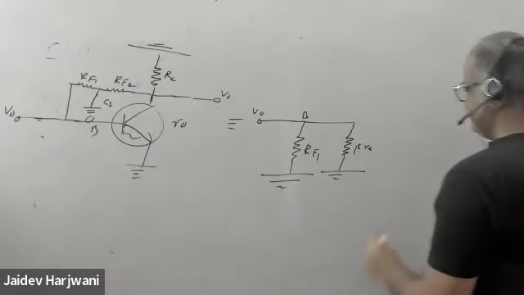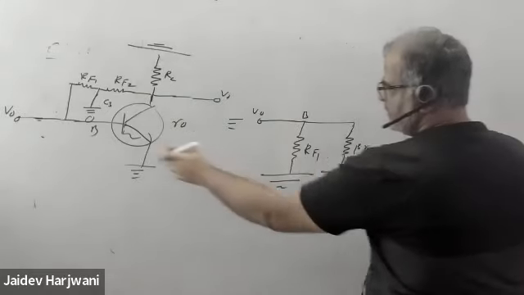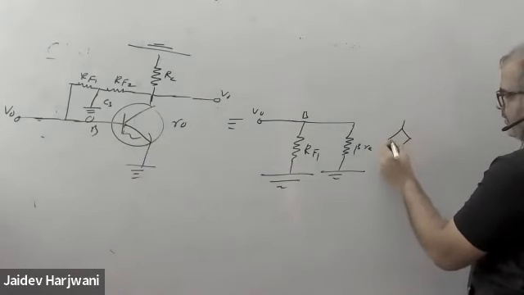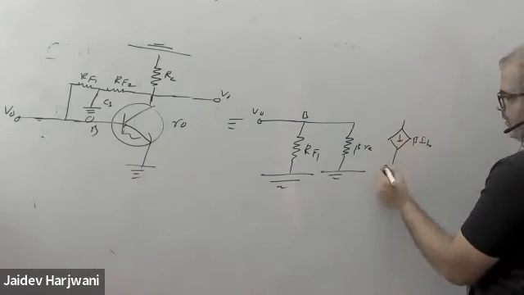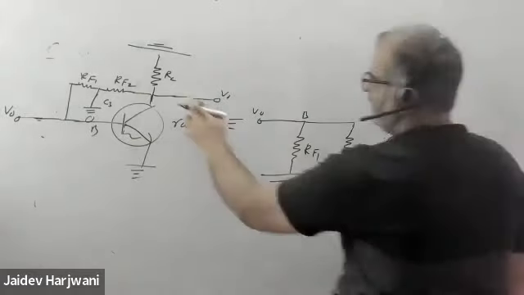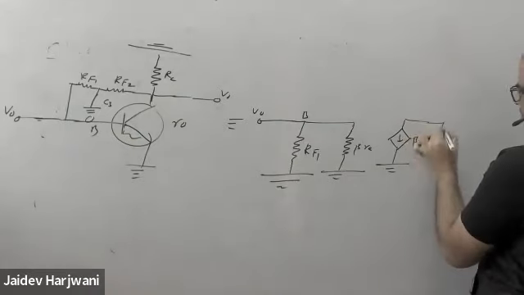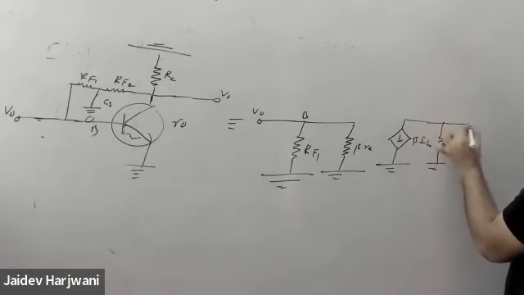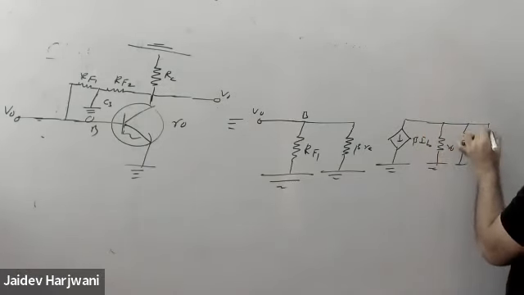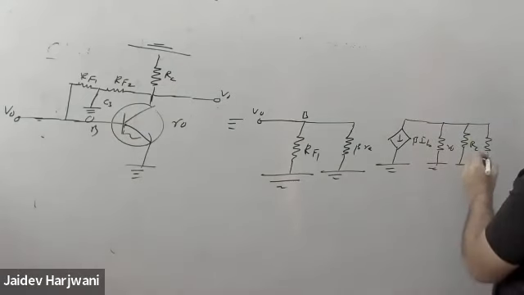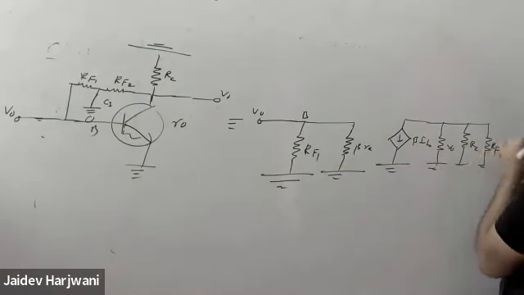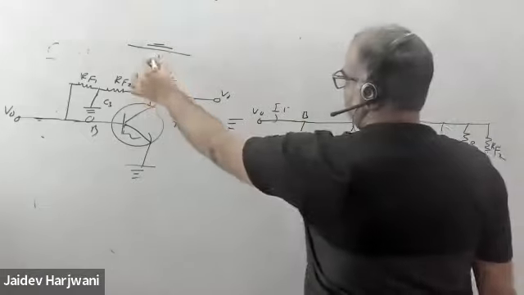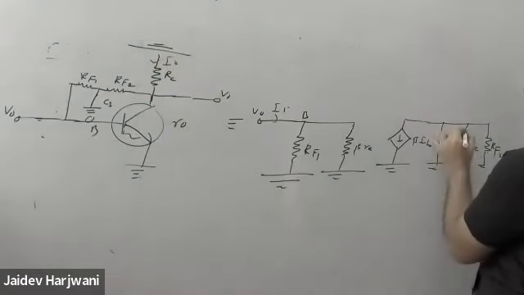Now collector is nothing common here. R is not common, so you can separate out the collector. So collector will be like this, beta IB, okay. And this time RC, RF also will go, okay. If you put one R0 here, okay, RC also will come here, and your RF2 will also come here, okay. So if you want to calculate, say this is I input, I0 is coming here.